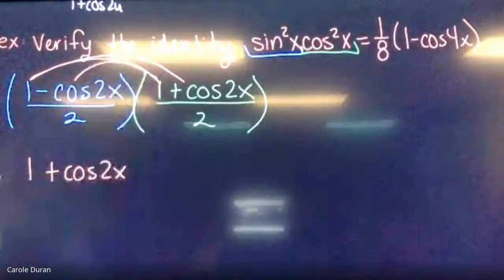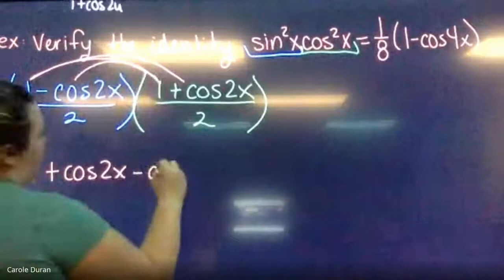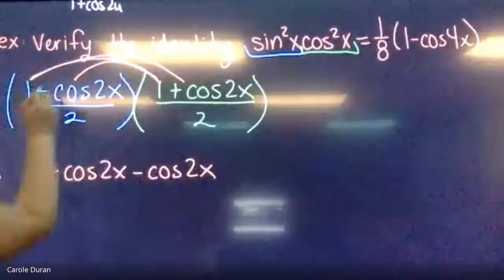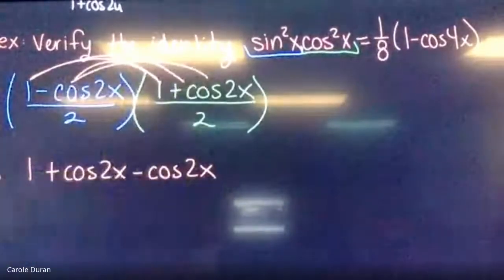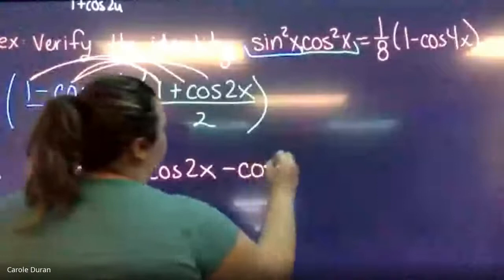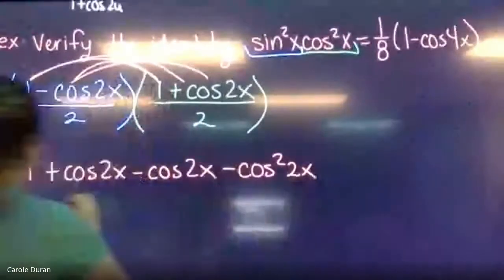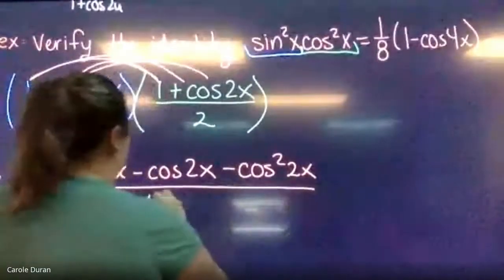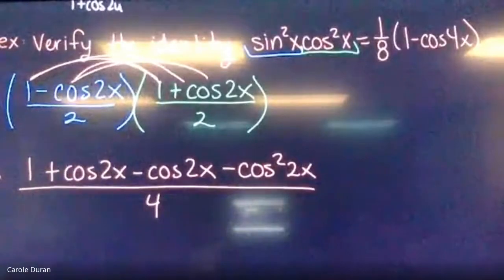Negative cosine 2x times 1 is negative cosine 2x. And then negative cosine 2x times positive cosine 2x becomes negative cosine squared 2x. And that's all over 4. Right? Do we see what I did here? I'm going to give you a second to catch up.